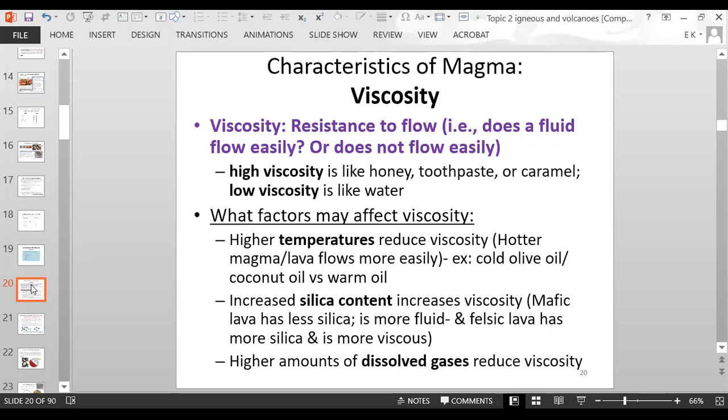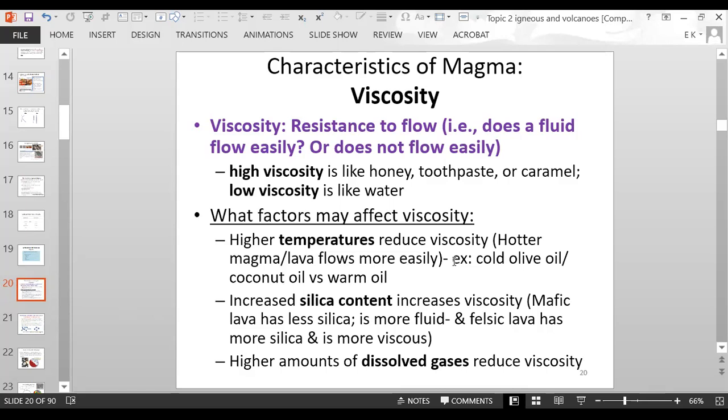So what factors may affect viscosity? Temperature, silica content, and dissolved gases. Higher temperature is going to reduce viscosity. So hotter magma or lava is going to flow more easily than cooler magma or lava.